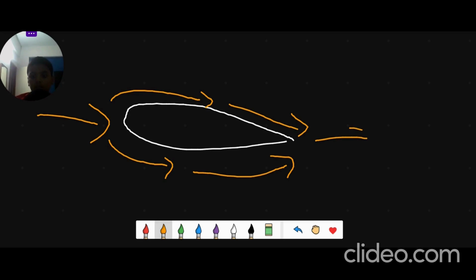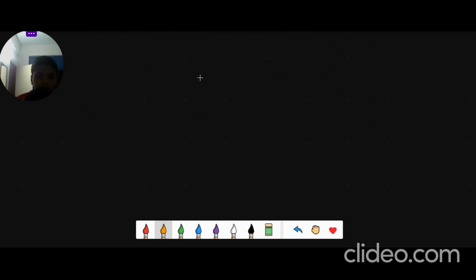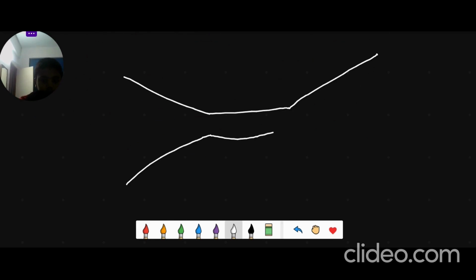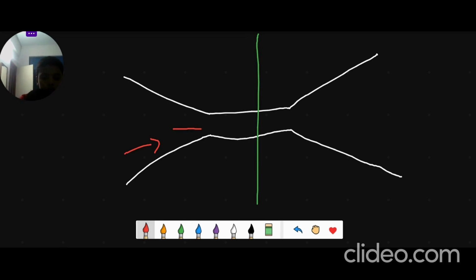I'll just show you in another diagram, I'll come back to this later. So Bernoulli's theorem states, there are two ducts, Venturi effect also. There are two ducts, this is the separating line. This is the airflow or water flow, you can take it as any substance except a solid, of course.